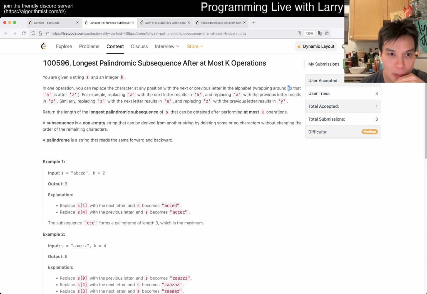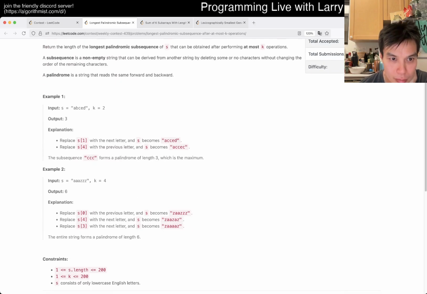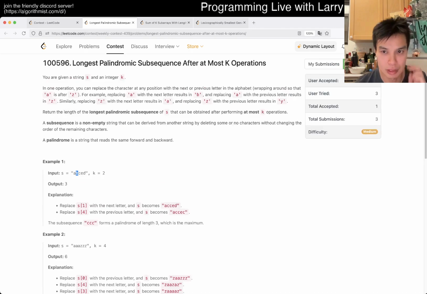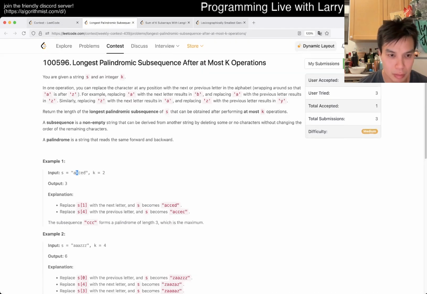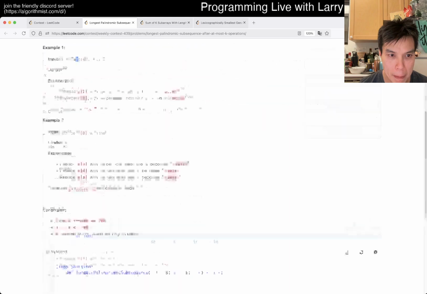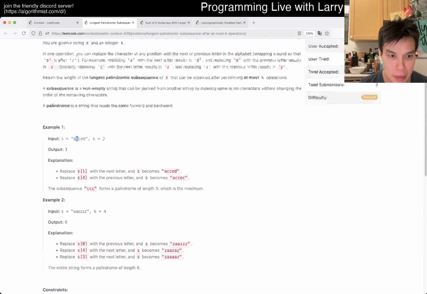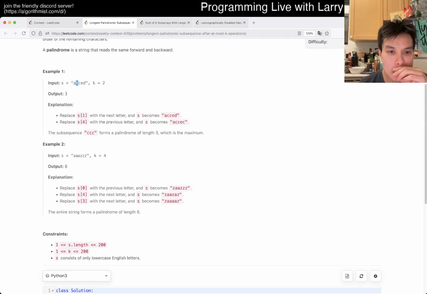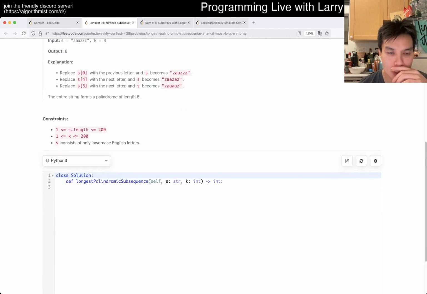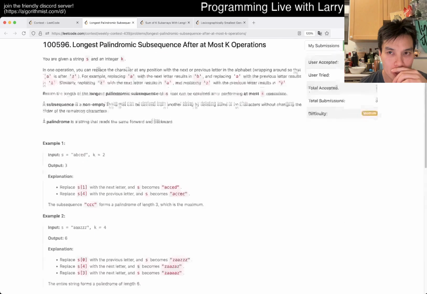Mix of previous wraparound, okay. Longest palindromic. This is an awkward problem. Oh, it's just length. N is 200 is okay though.